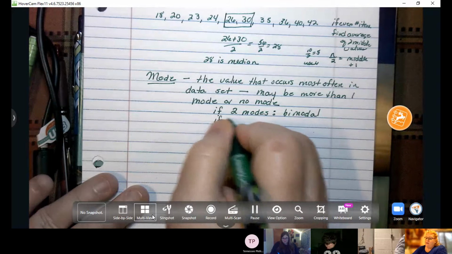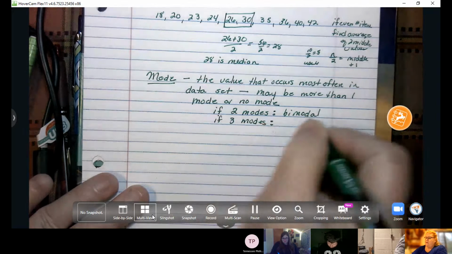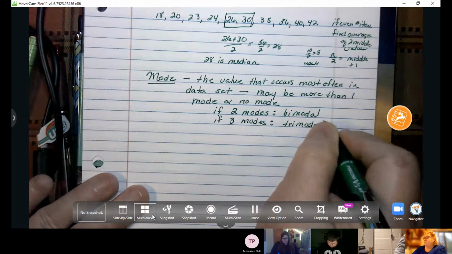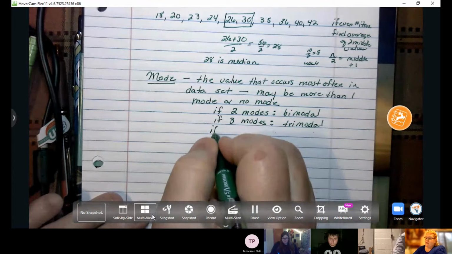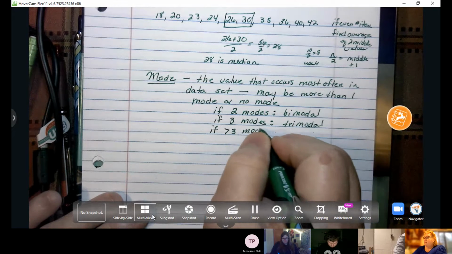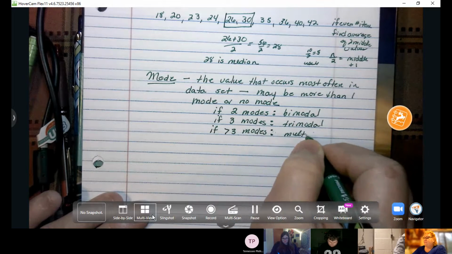If there are three modes, we use the term trimodal. If there are more than three, we say multimodal.